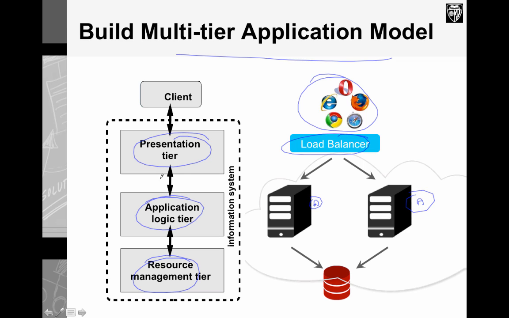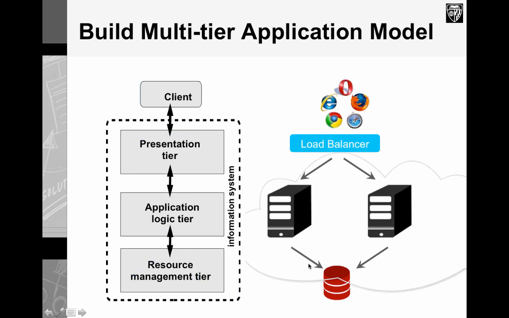It would have the presentation tier, the application logic tier, and resource management tier. When I say resource management tier, it's the tier that allows you to talk to the database or the queue or the big data platform or the monitoring service. So what you're really seeing is the three tiers: tier 1, tier 2, and tier 3.